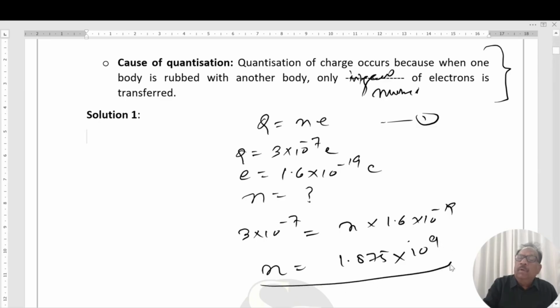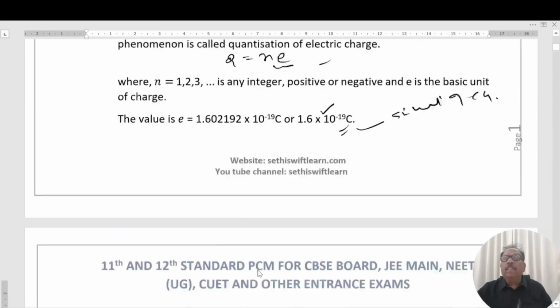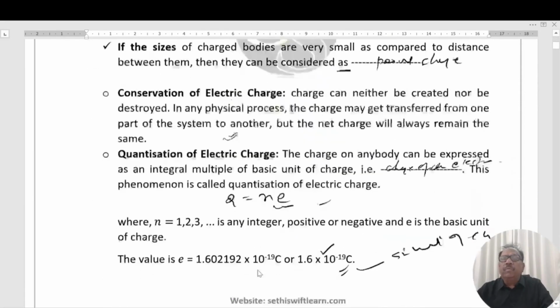This is the number of electrons transferred. What is the question? A polythene piece rubbed with wool is found to have a negative charge.